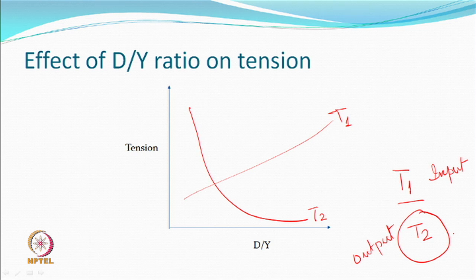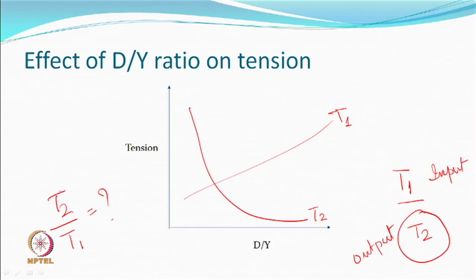So, this in some way gets related. What becomes important for someone is to find out, of course, you are interested in the absolute values also, but the ratio will be important.